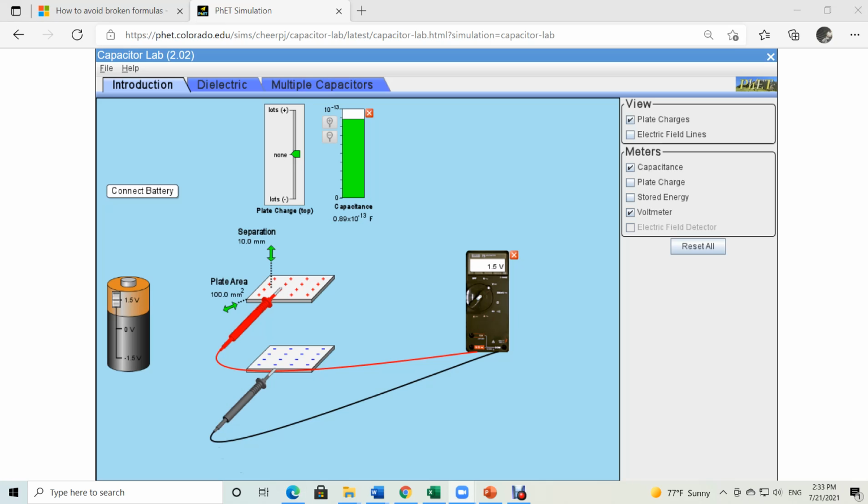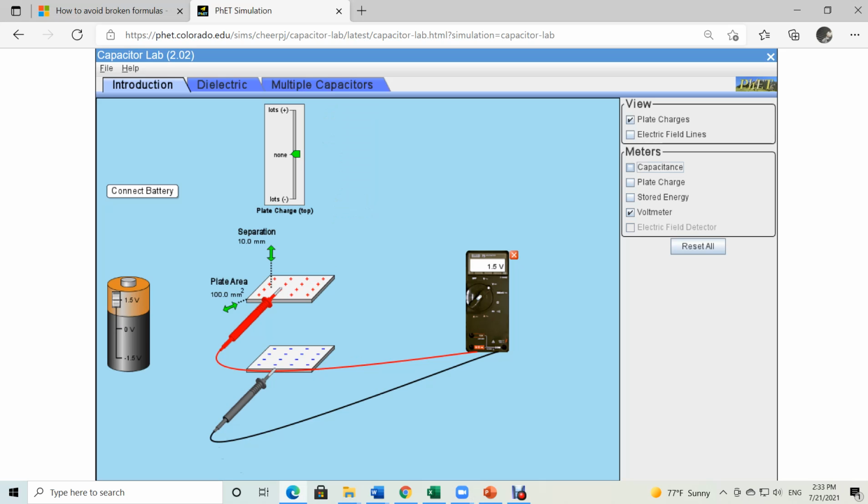I was lucky to find this $15 device that measures capacitance as well. And that's what you have here in your simulation. You can measure the capacitance of the device as well.